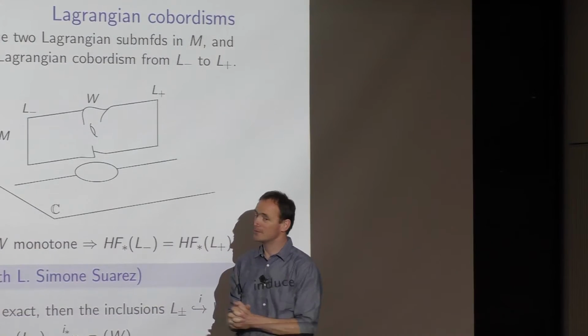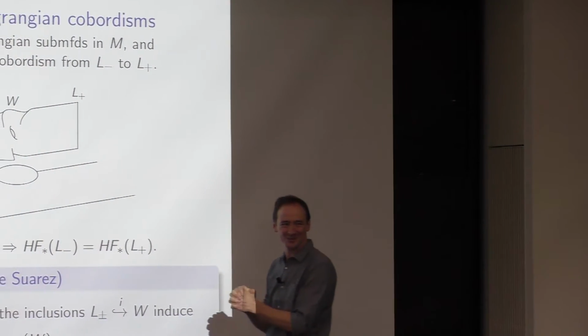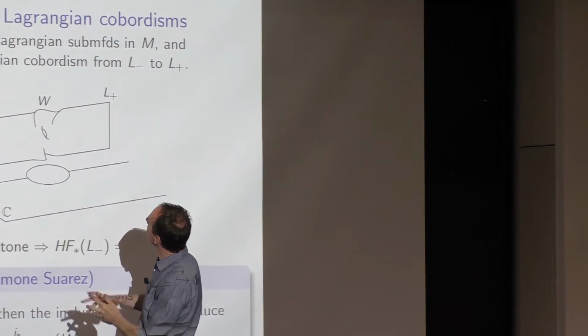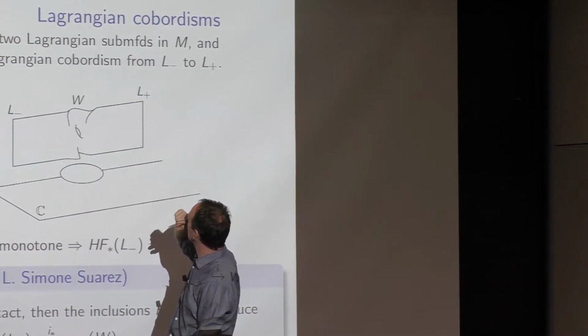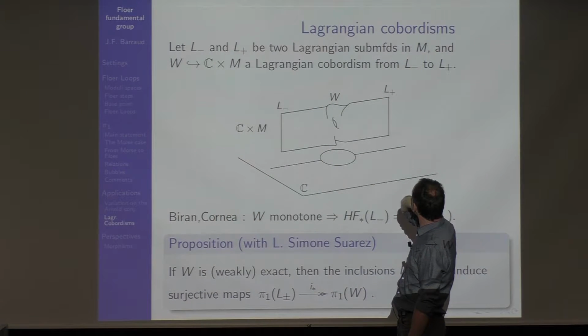Okay, so I said my manifold were compact, but it's a situation where it's not compact, it's not closed, but anyway. So I start with a symplectic manifold and two Lagrangians in it.